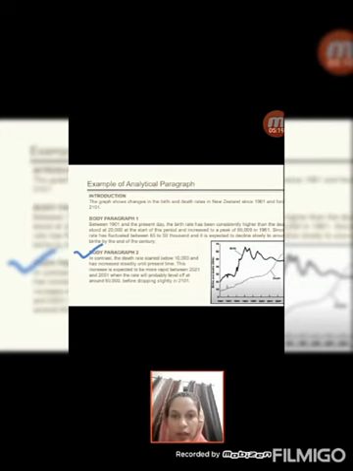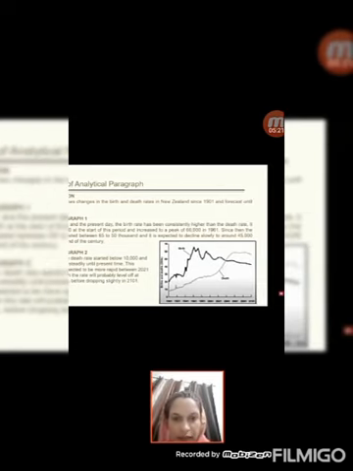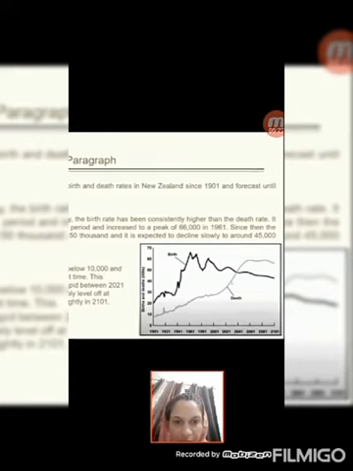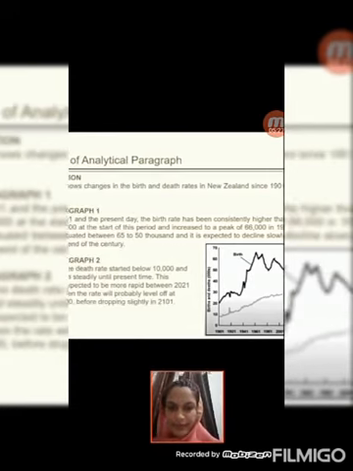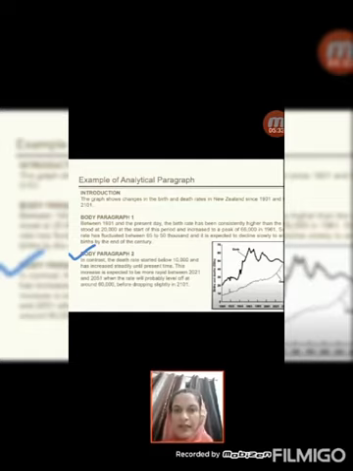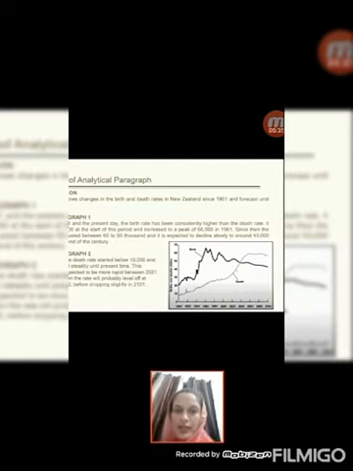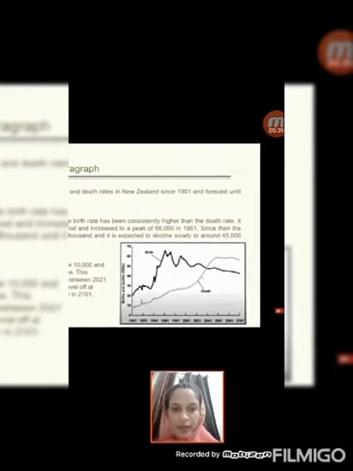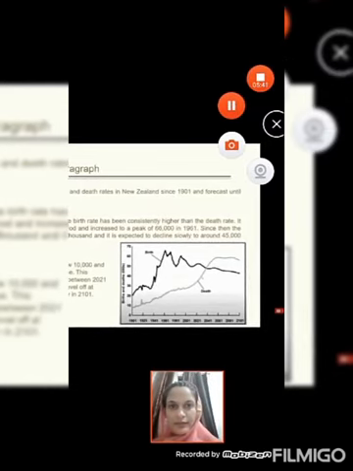And this increase is expected to be more rapid between 2021 and 2051. We can see here from 2021 to 2051 it keeps on increasing, and the rate will probably level off at around 60,000 before dropping slightly in 2001, and it has dropped at 2001.